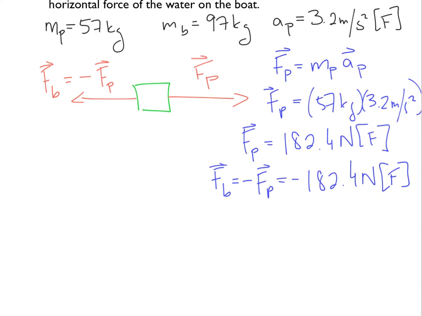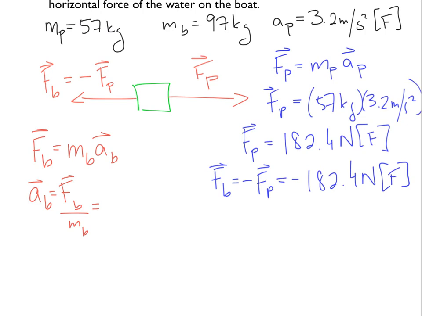So now we have your force of the boat. To figure that out, we're going to use mass of the boat times acceleration. And you want to isolate for your acceleration because that's what we want to find. So your acceleration of the boat is going to be equal to your force over your mass.